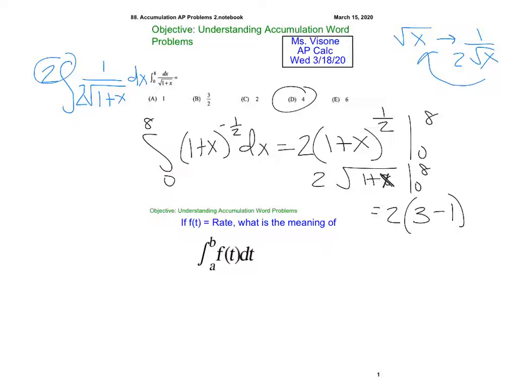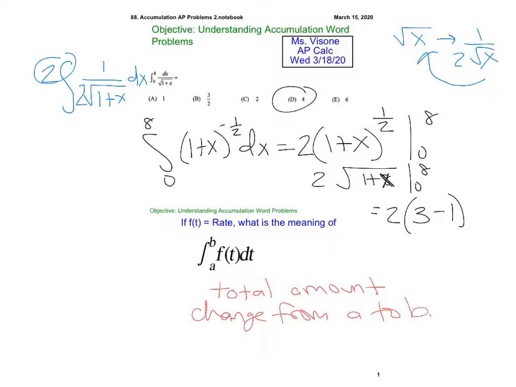All right, so jumping in, again, remember the integral of our rate is a total amount. It's the amount of change from A to B, because it's a displacement.